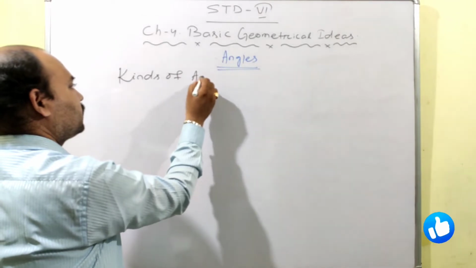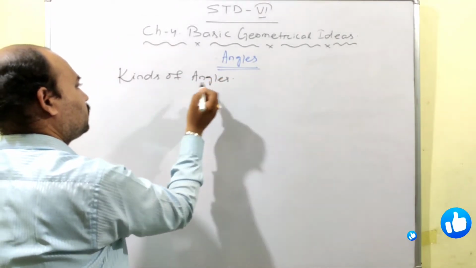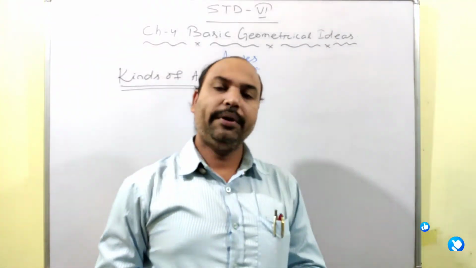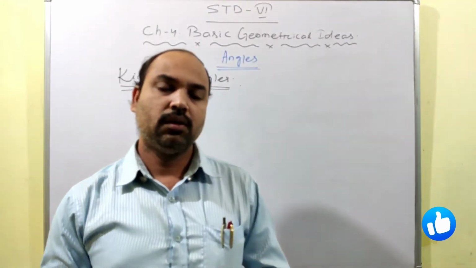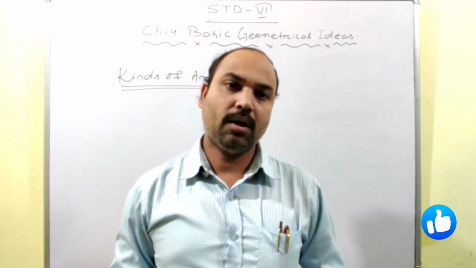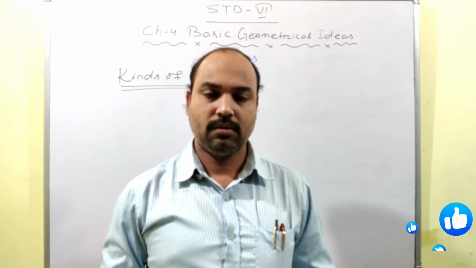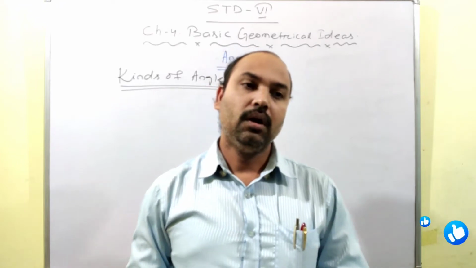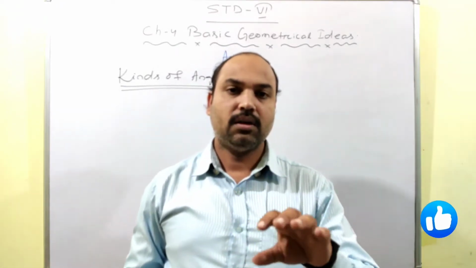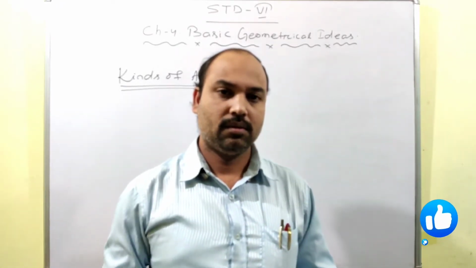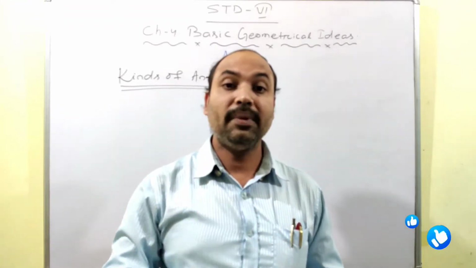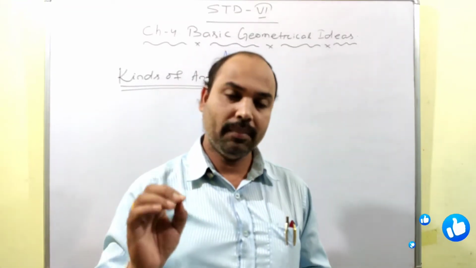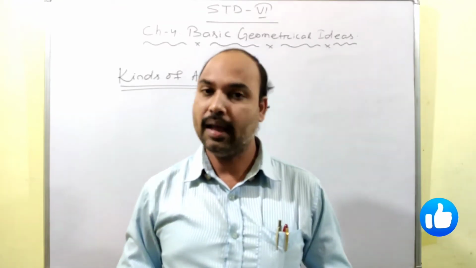But before going to the kinds of angles, we have to learn about the measurement of angles. Remember, what is the familiar unit to measure an angle? It is the degree. Degree is the familiar unit to measure an angle.